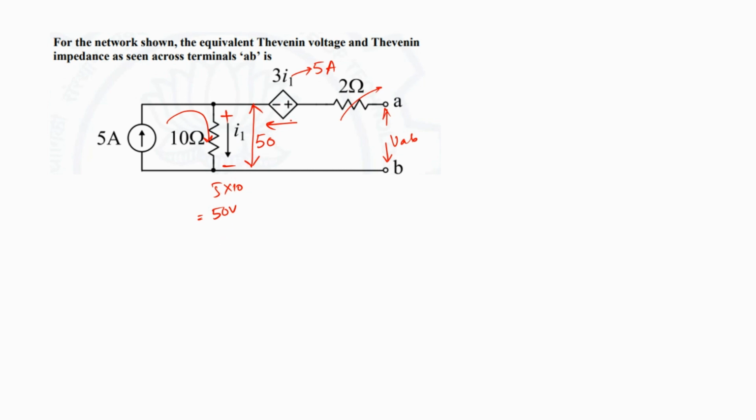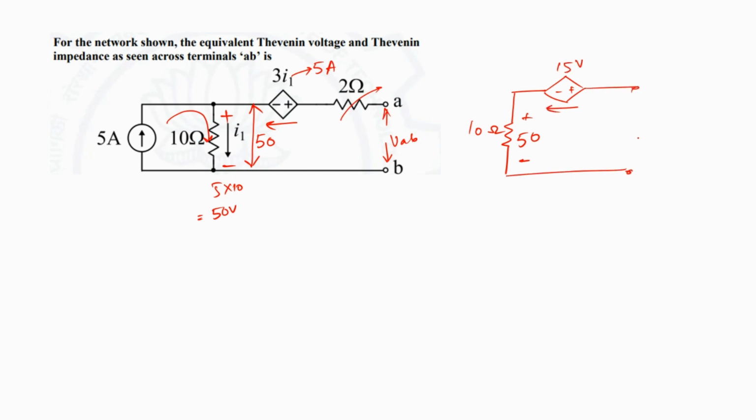So therefore we can say that there is going to be a voltage drop of 50 in this 10 ohm resistor, and this particular dependent source is going to have a value of 15 volts in this direction.